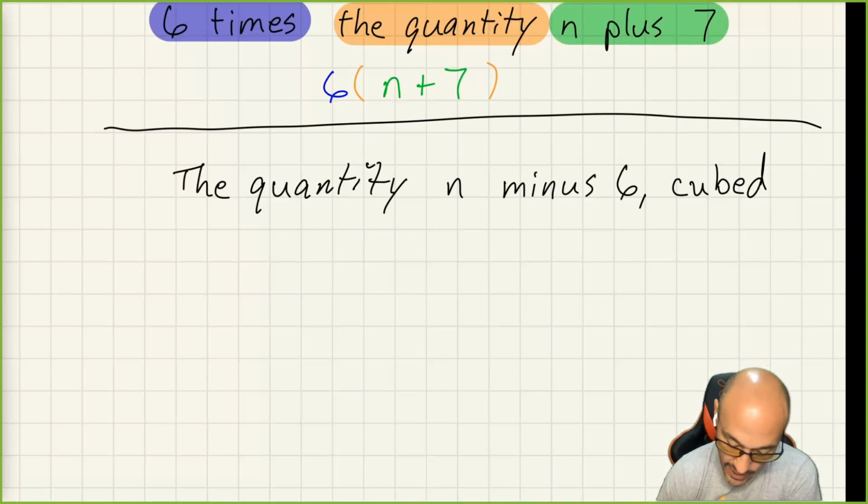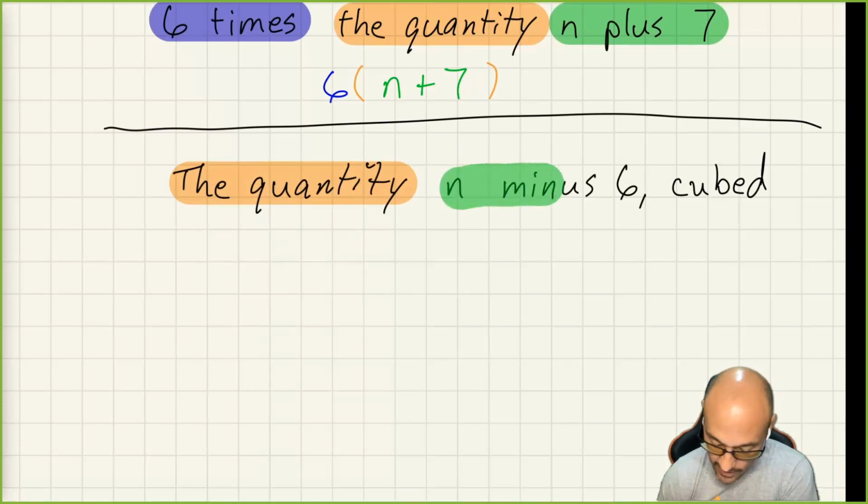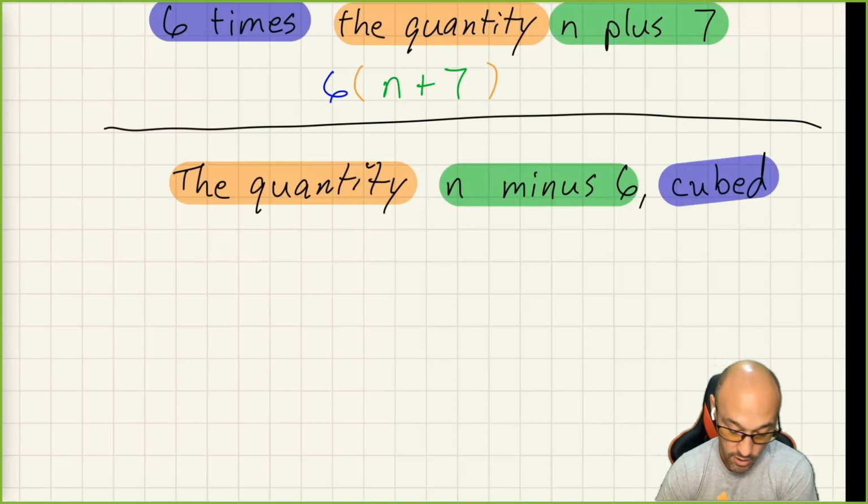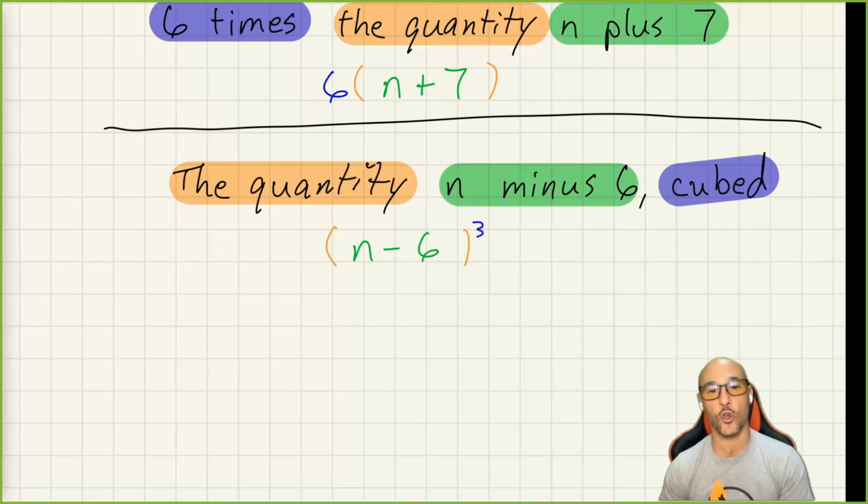So again, we have the quantity. And what is the quantity? Well, the quantity is n minus 6. And what are we doing to that quantity? We are cubing it, which means raised to the third power. So we have the quantity, parentheses, n minus 6, raised to the third power, or cubed.